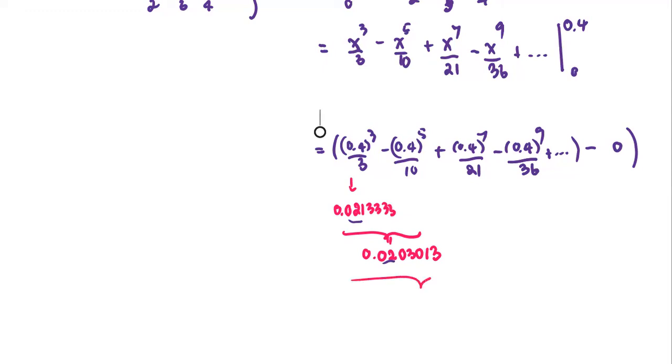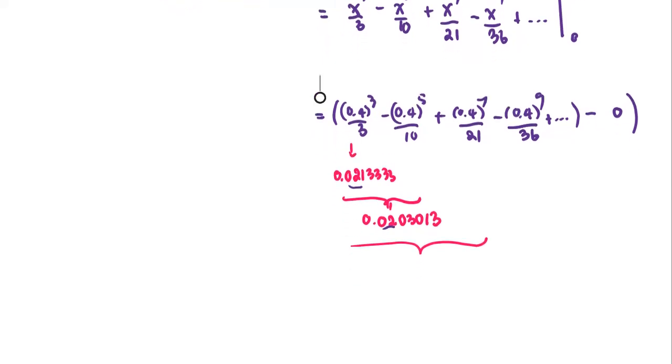Next, we add another term, 0.4 to the 7 over 21, to the number 0.02033013 to get 0.02038874. Now we have up to 4 decimal places, but they are the same as the previous sum.